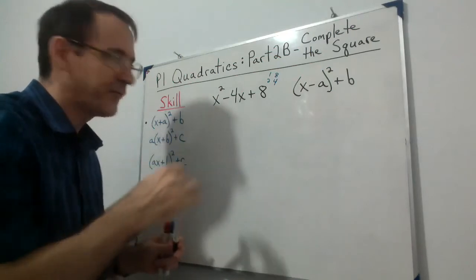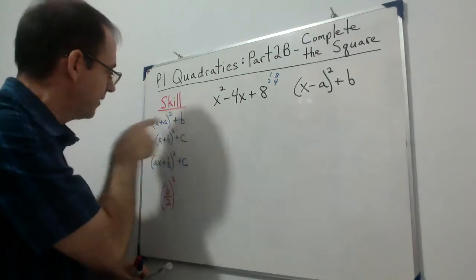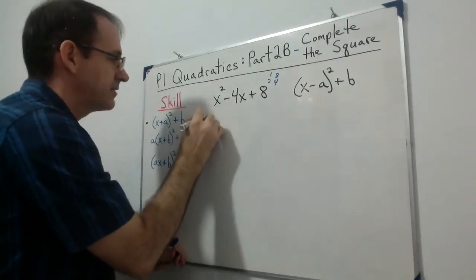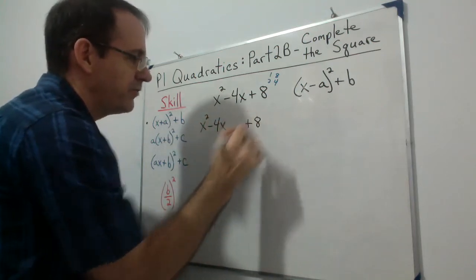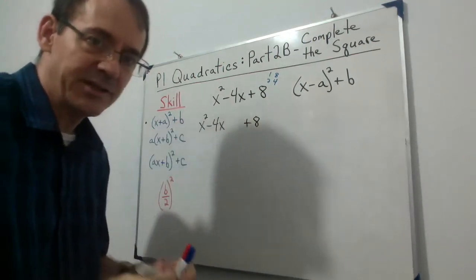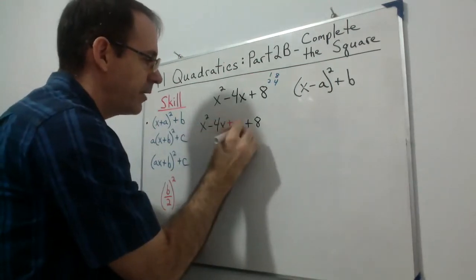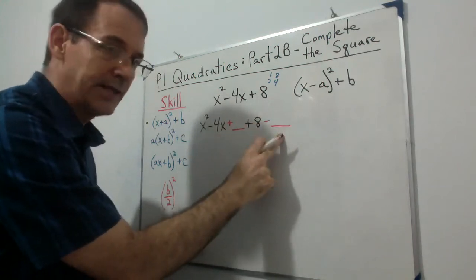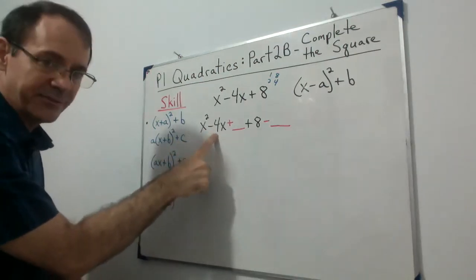That's the first algebraic thing that you should do if you don't have a lead coefficient out here. So we have x squared minus 4x. We want to keep that. We're going to move the 8 over because it doesn't work. Now we want to find the number that does work, and then we'll equalize it. So our b is now a negative 4.